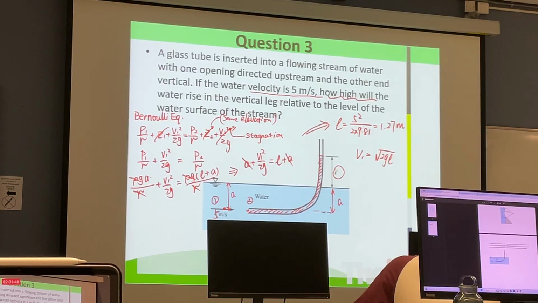So that's why we can use the pitot tube to measure the velocity of the flow here.